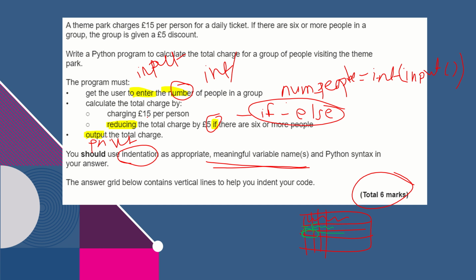When you are answering this question, the first thing will be input, which will give you 1 mark. Then the calculation will give you 1 mark. Having a correct if else will give you a couple of marks, and then printing the correct output with the correct total charge would give you a few more marks.